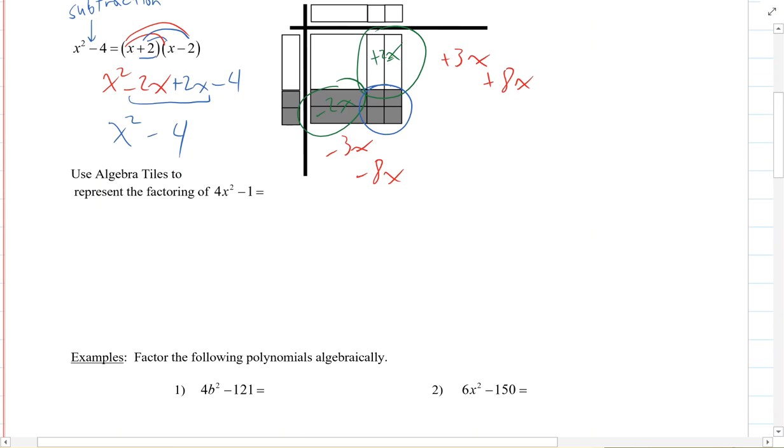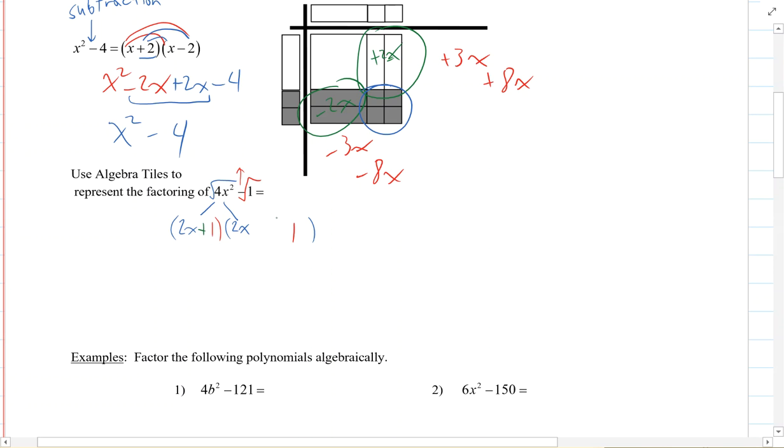So what we do is we break this apart into 2x and 2x, and those go at the front of the brackets. And then we square root the back, but we leave the negative sign out of it, and we get a 1 and a 1. And because of this being a difference, we have to have different signs.